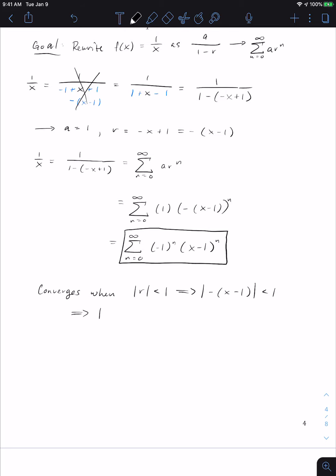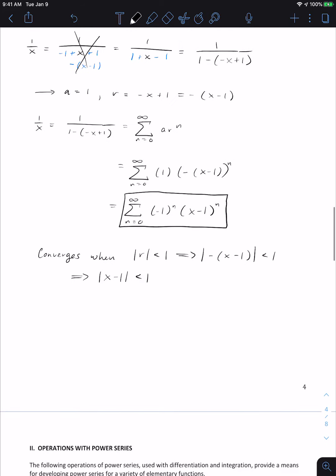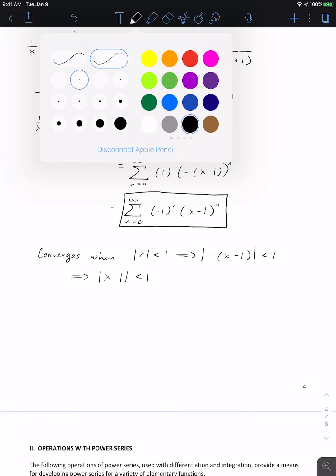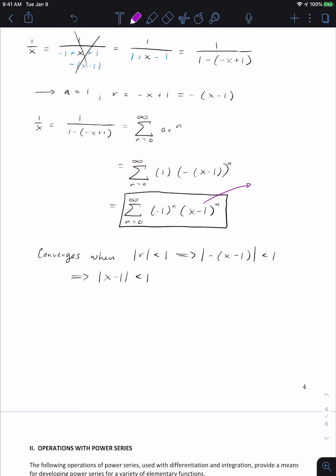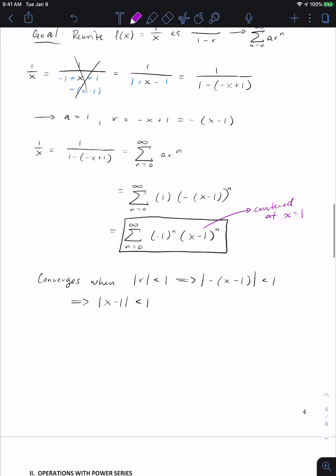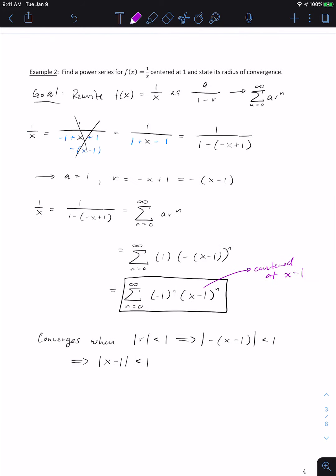So I get when the absolute value of x minus 1 is less than 1. And again, we're happy about all of this because this x minus 1 there means it's centered at x equals 1. I think I wrote this wrong. I want x minus 1 to be there, which we ended up getting.